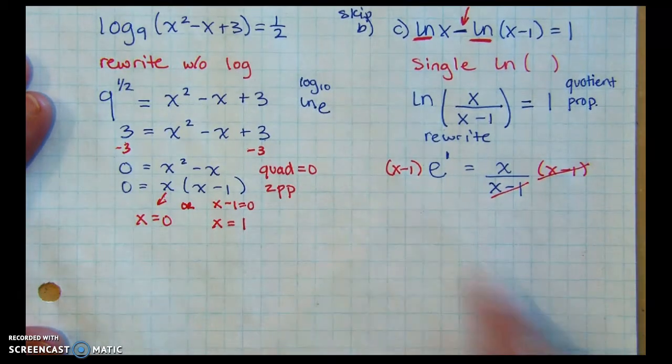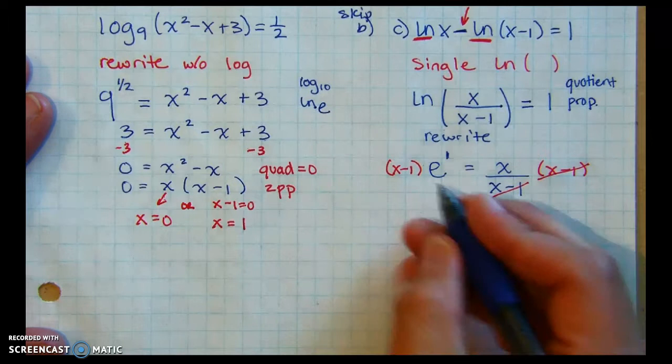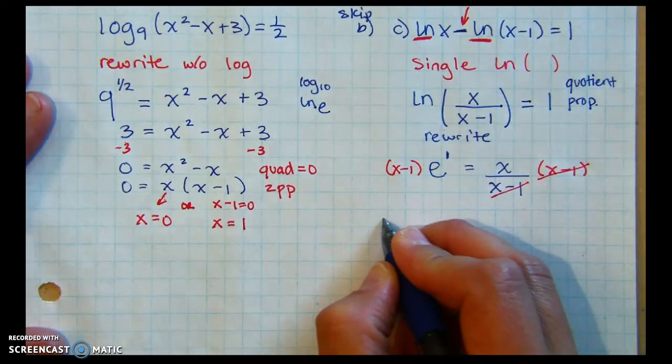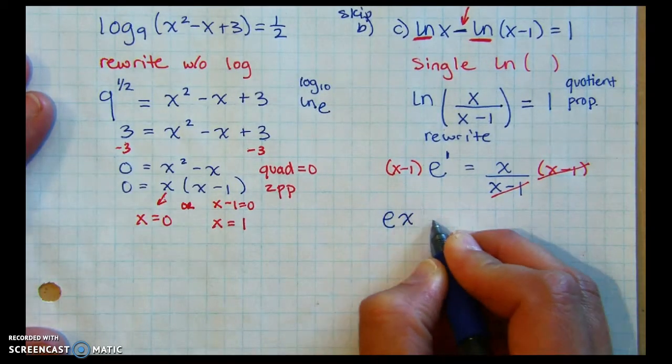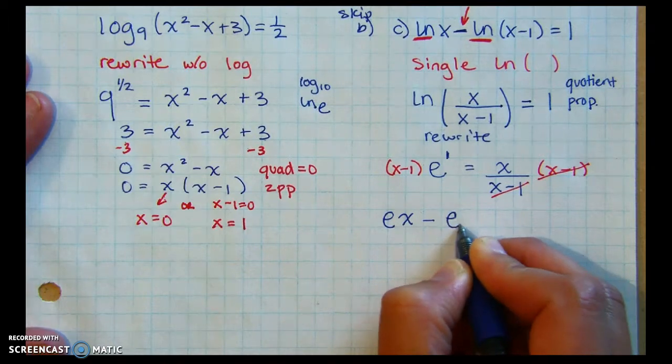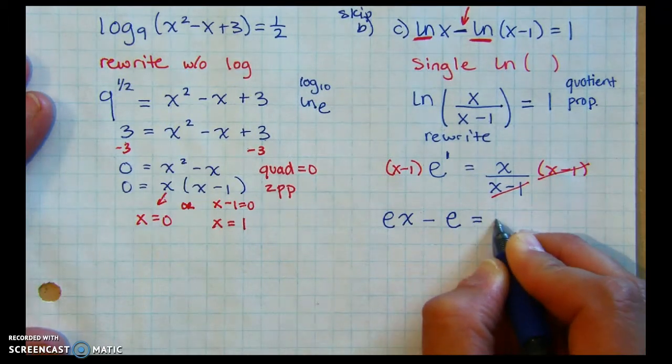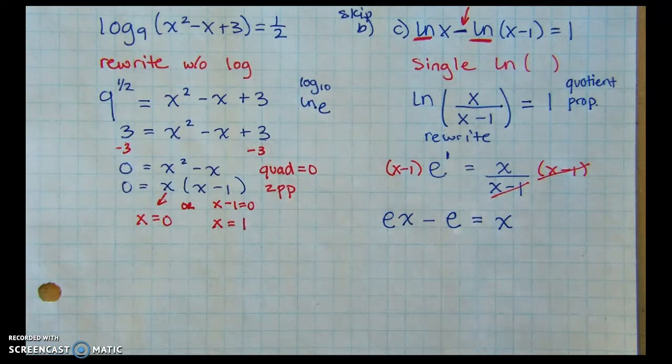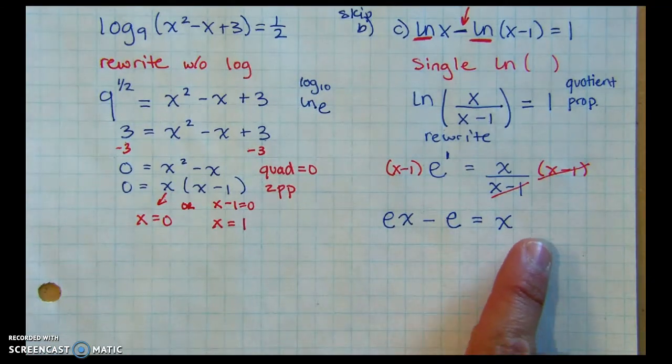On the left here, we're going to distribute. So we have e times x minus e times 1 equals x. Now we're trying to get x by itself, correct?